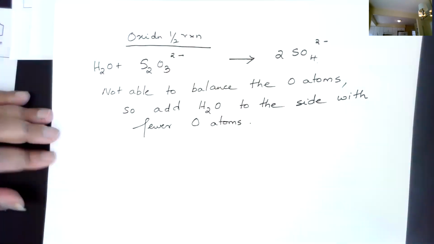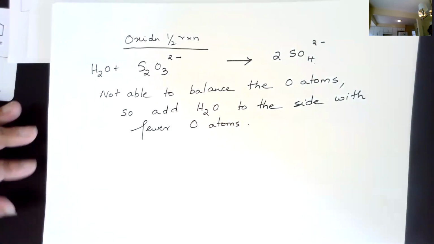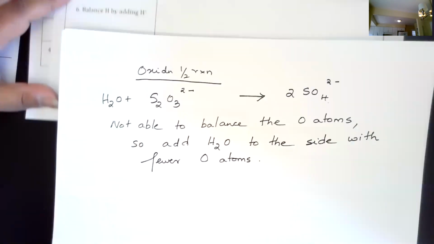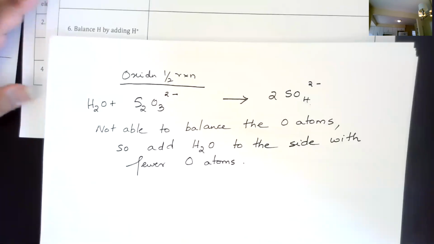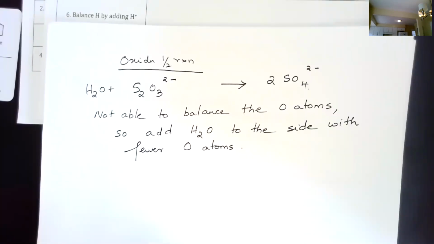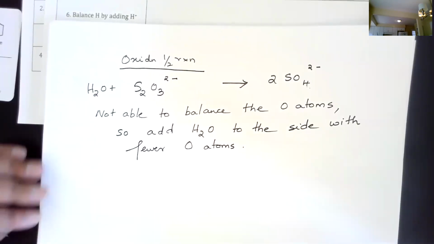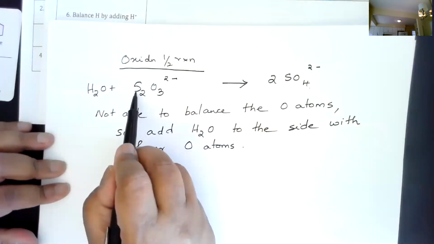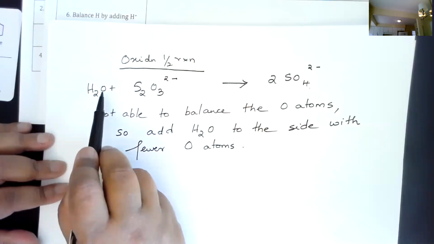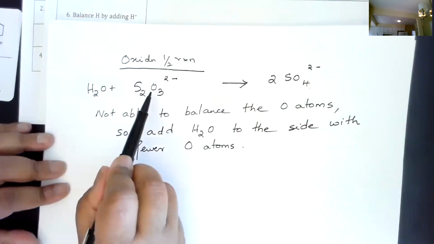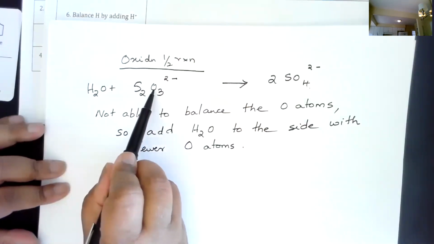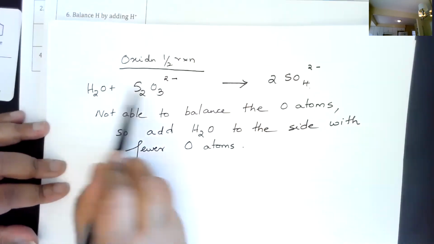Then of course, because I'm adding water, I have to balance the oxygen and then I have to balance the hydrogen. So oxygen, I have 4, and then I have 4 here.